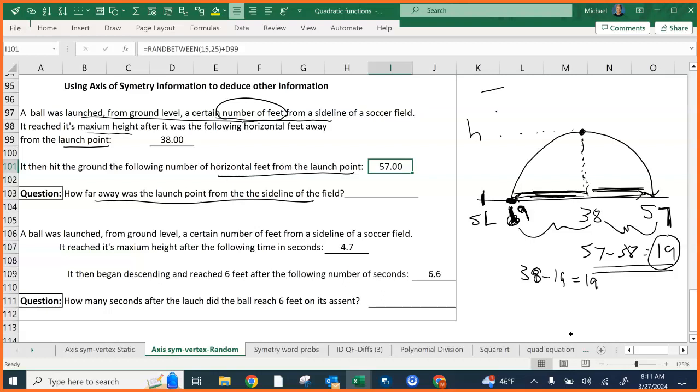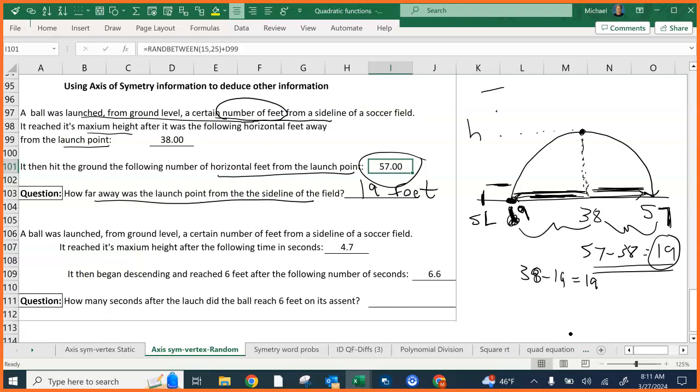So 57 from the launch point, 38 from the launch point. So this would have to be 19 feet from the sideline of the field.